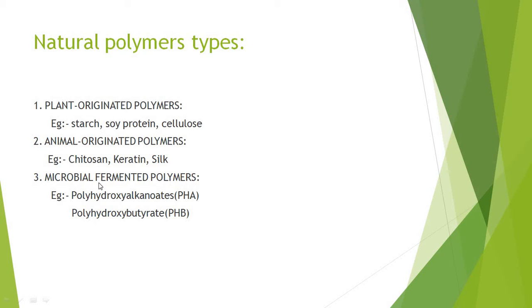Next we have microbial fermented polymers. Example here is PHA. PHA is polyhydroxyalkanoates. This is a natural polyester of bacteria, microbes.